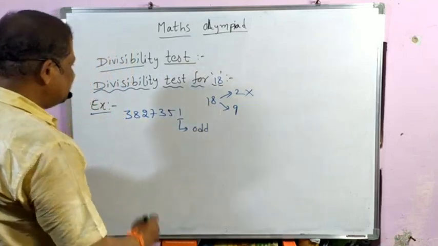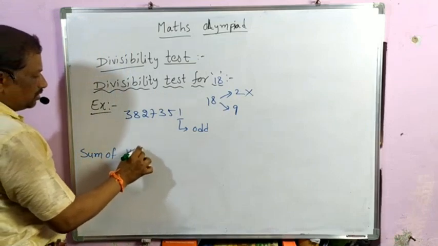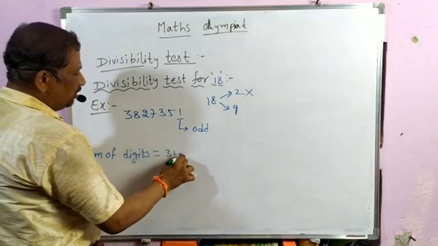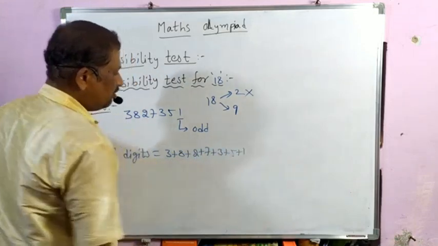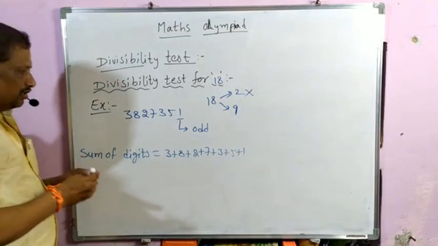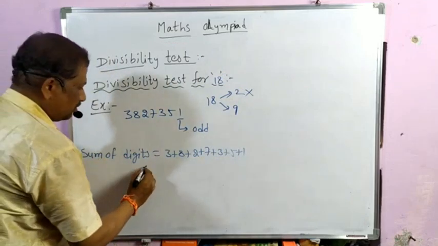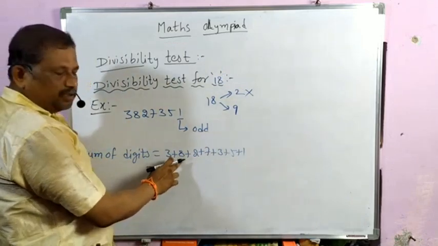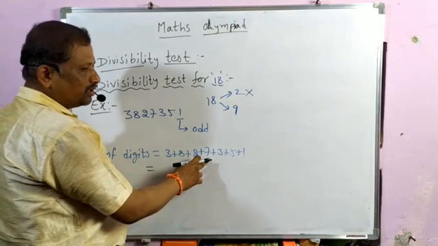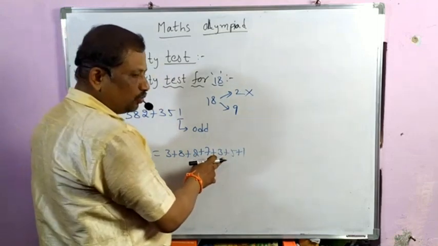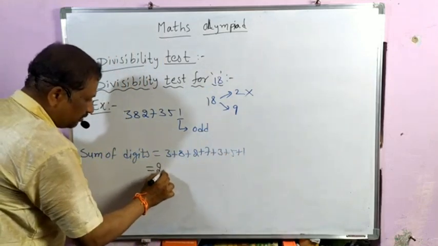Now let us take the sum of the digits: 3 plus 8 plus 2 plus 7 plus 3 plus 5 plus 1. 3 plus 8 is 11, 11 plus 2 is 13, 13 plus 7 is 20, 20 plus 3 is 23, 23 plus 5 is 28, 28 plus 1 is 29.